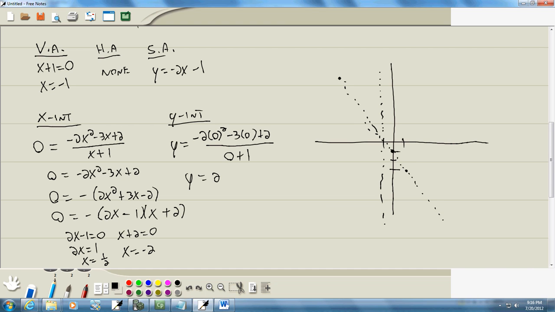Oops. Straight line. The graph will skim at some point. No horizontal asymptote. Our x-intercepts are 1/2 and negative 2. So it's intersecting here and at 1/2. Right there. And then my y-intercept is at 2. Like that.